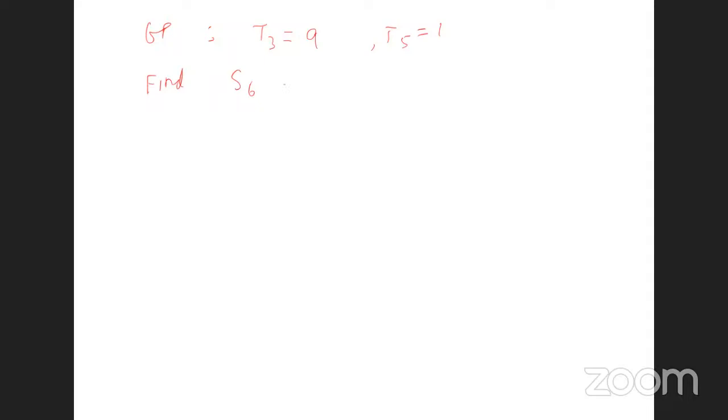Find A and R. So find A and R, do your usual solving simultaneous, and then find S6. Yeah, T5. That's the fifth term and the third term.